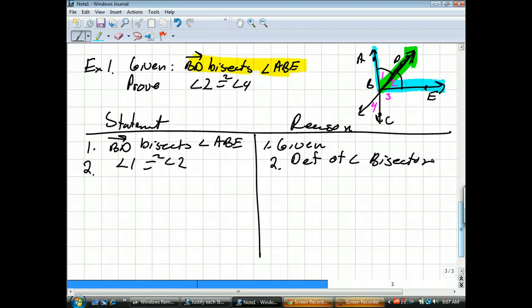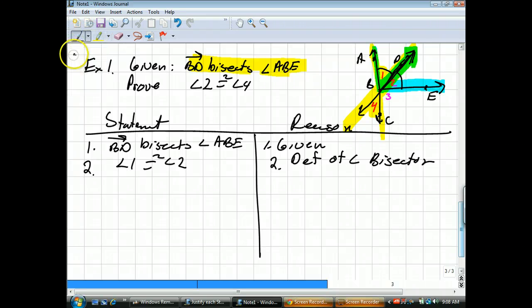Okay? Then notice also in the picture that you have this line and you have this line, which form vertical angles 1 and 4. And what do we know about vertical angles?